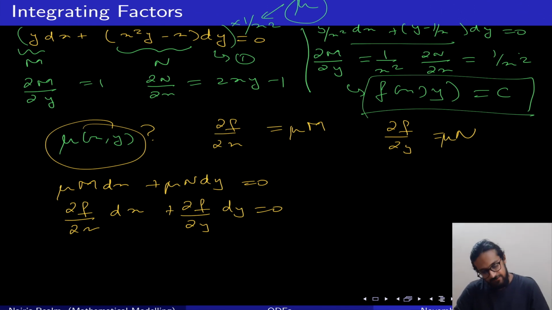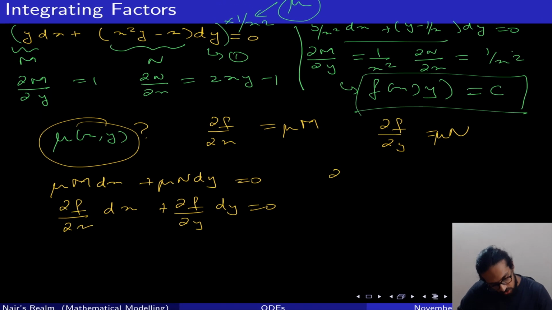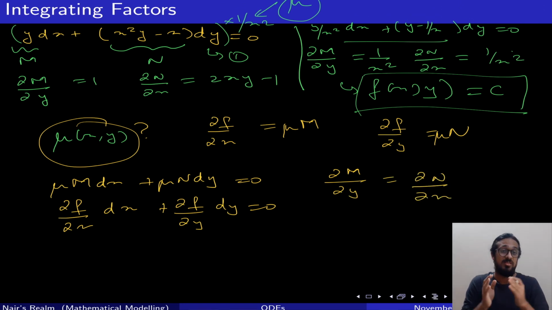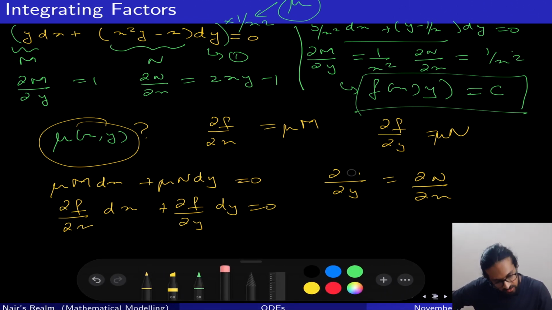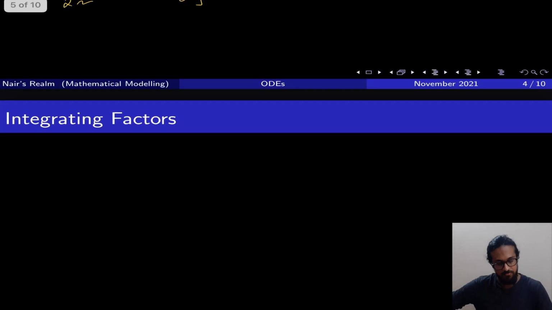So now the condition which we had initially, which was ∂M/∂y equal to ∂N/∂x, this was the sufficient and necessary condition for exactness, right? But actually now this will become ∂(μM)/∂y equal to ∂(μN)/∂x.